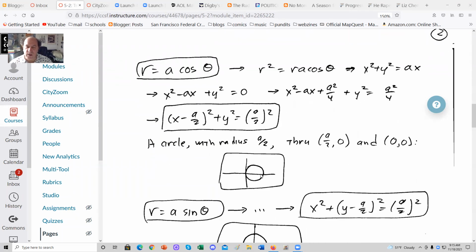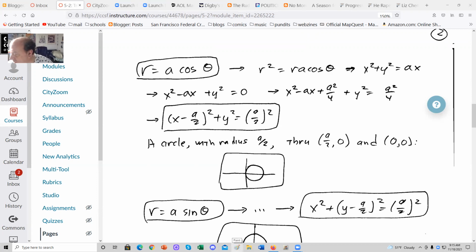This is a circle, radius a over 2, with a center at a over 2 by 0. Actually it goes through a by 0 and 0 by 0, but I should change that in the canvas.